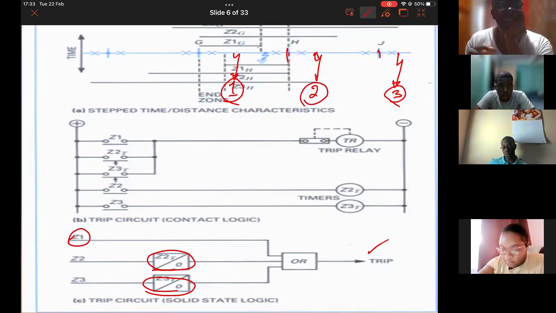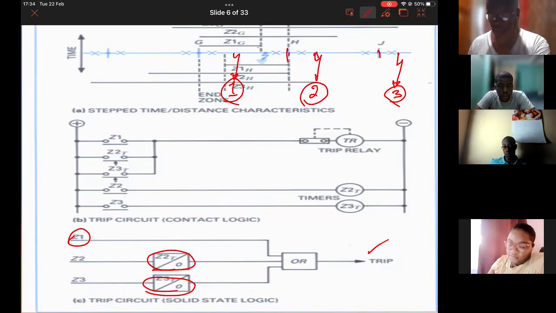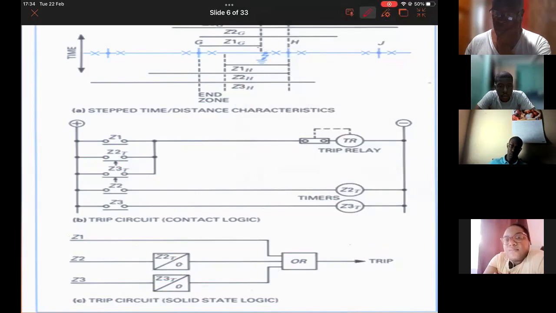Remember, with all of that said, we are now going to be looking at ways in which we can speed up the operation from H. So if we just look back with this fault, note it is in the end zone.